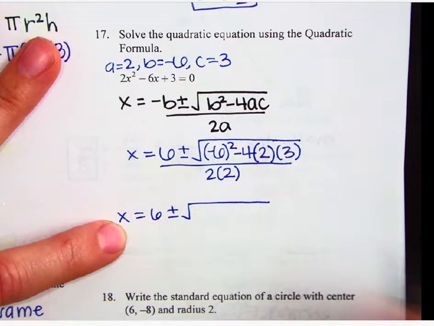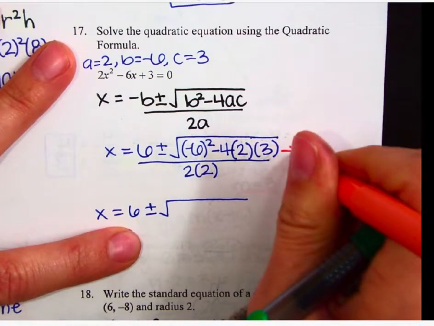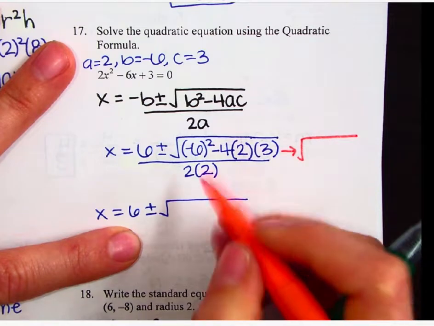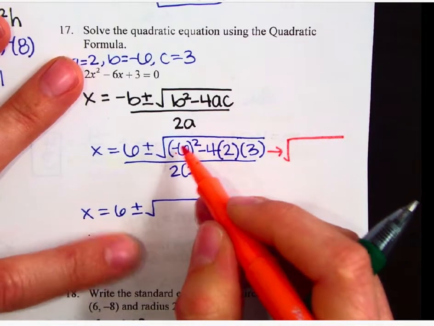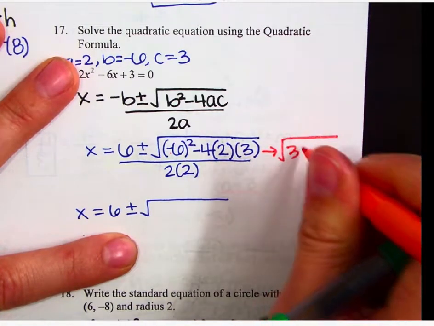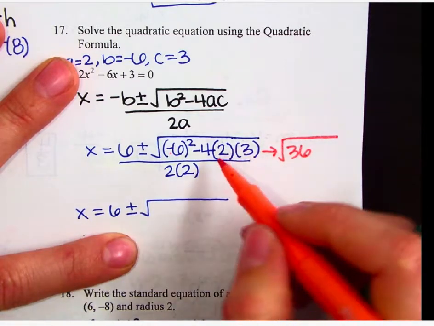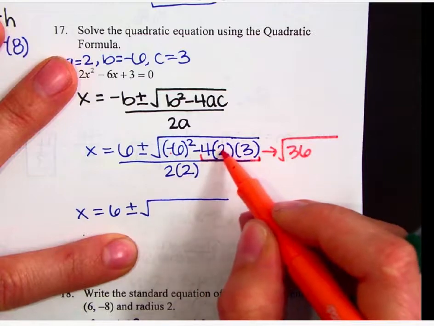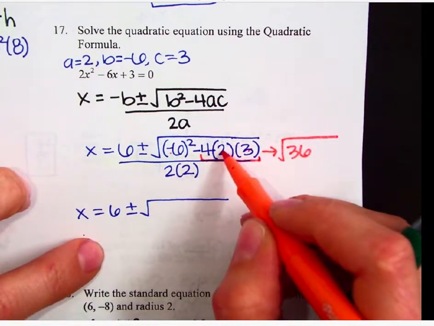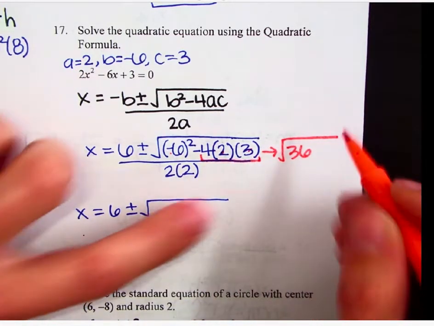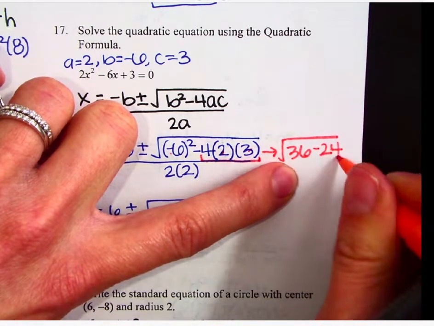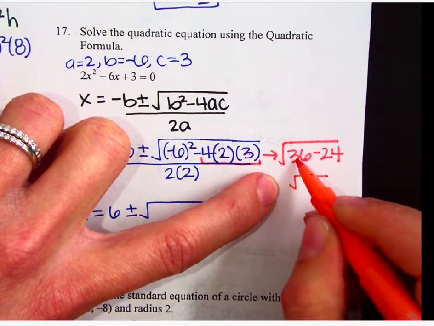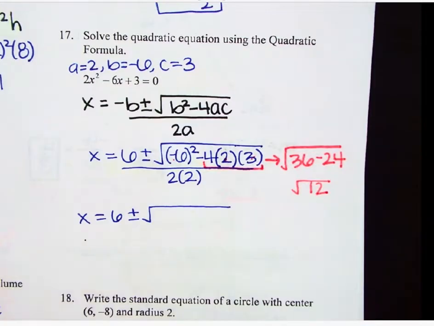Underneath the radical, I'm going to show the work over here. We get negative 6 squared, which means negative 6 times negative 6, that's 36. Then right here, we have multiplication of 3 numbers. Negative 4 times 2 times 3. Negative 4 times 2 is negative 8, and negative 8 times 3 is negative 24. And then subtracting 36 and 24 gives us 12.